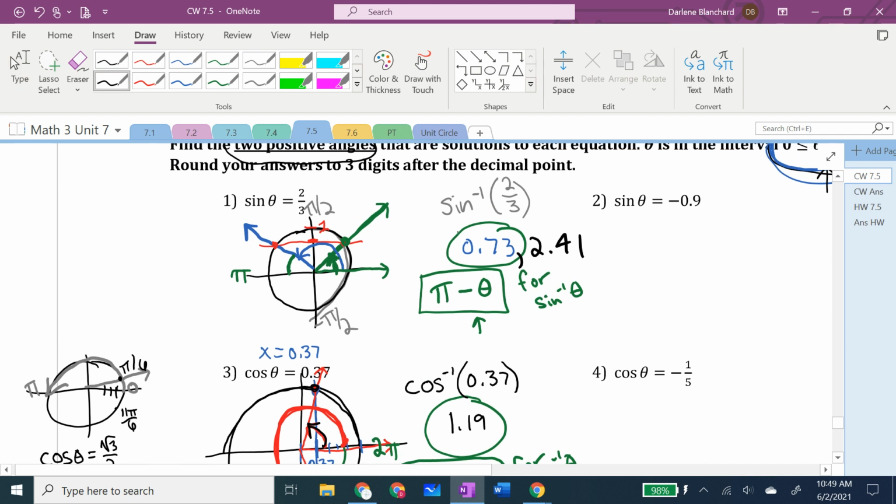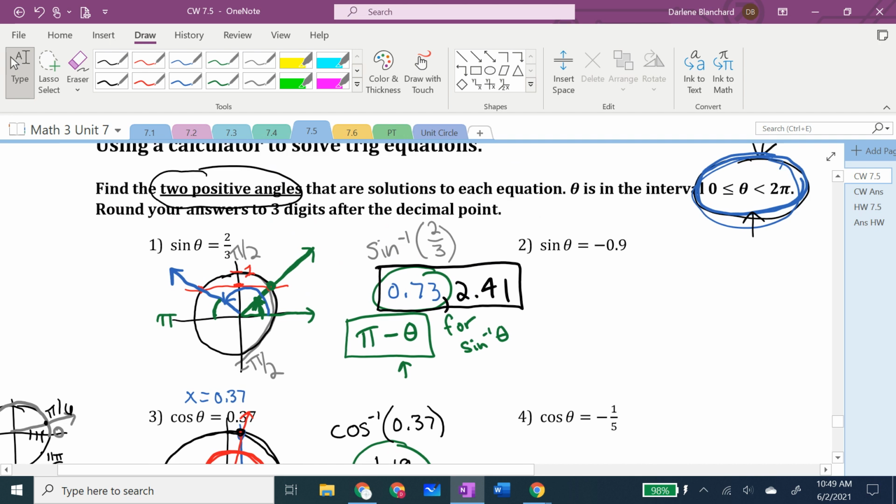So for problem number 1, the two angles between 0 and 2 pi are these two. If you needed to, from there, you can add 2 pi or subtract 2 pi any number of times from either of those two numbers and get every single solution you would ever need.